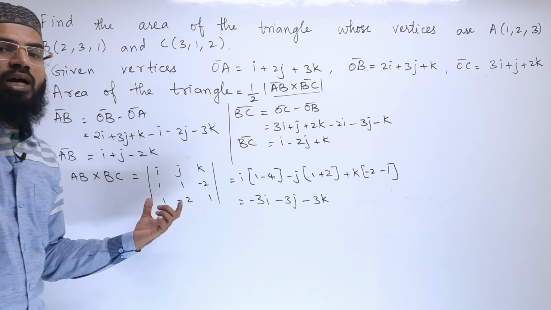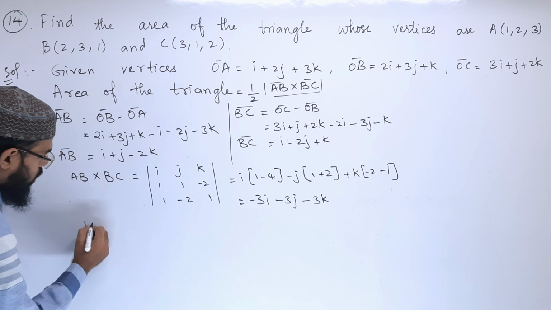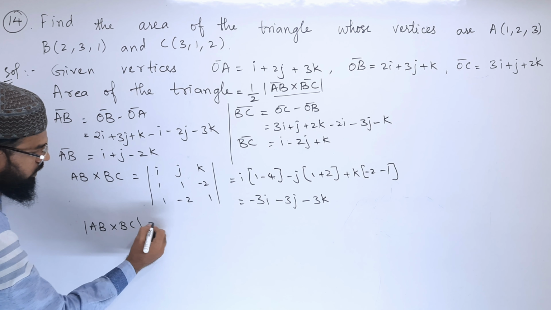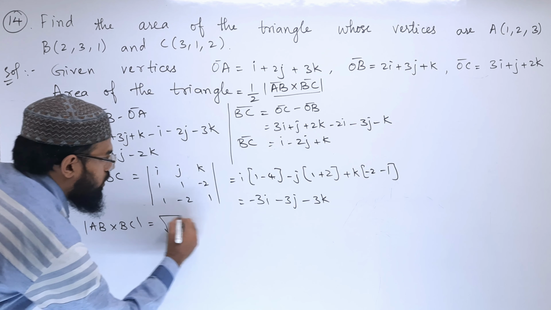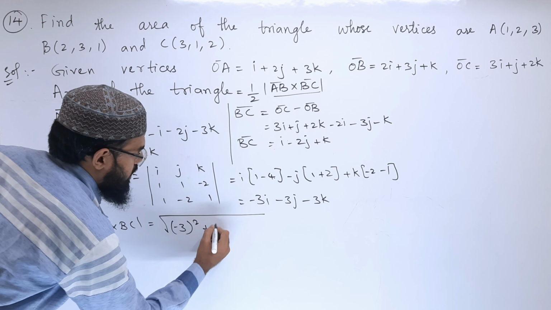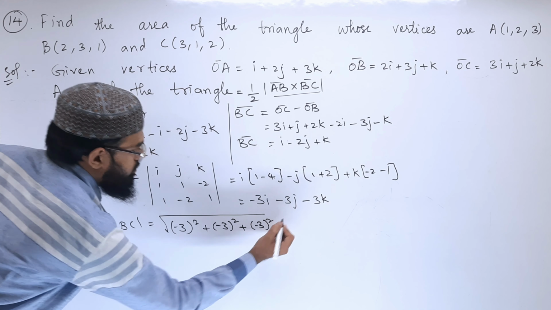Next, we need to find out its mod. So mod of AB cross BC will be under root of minus 3 square plus minus 3 square plus minus 3 square.